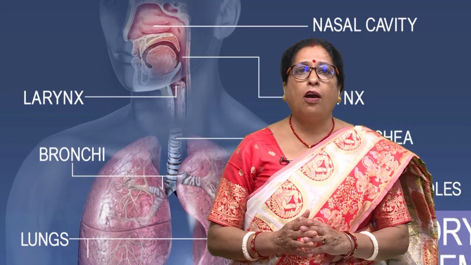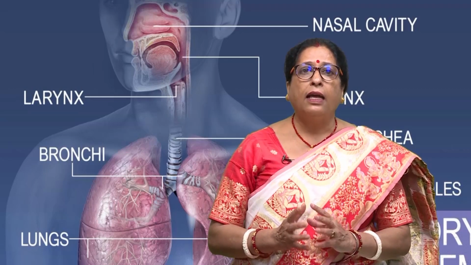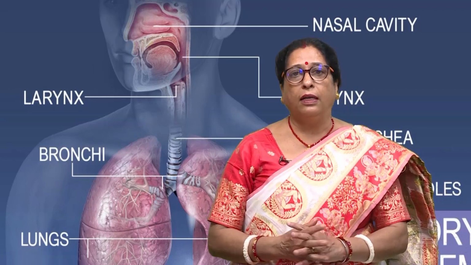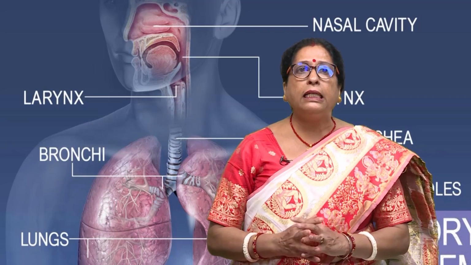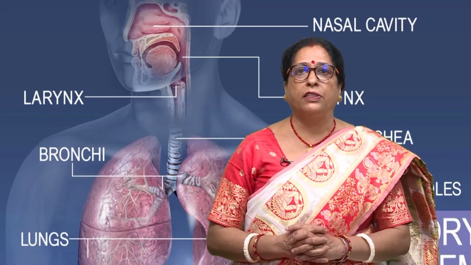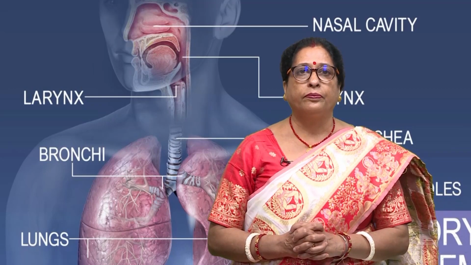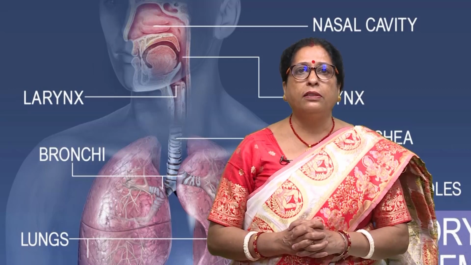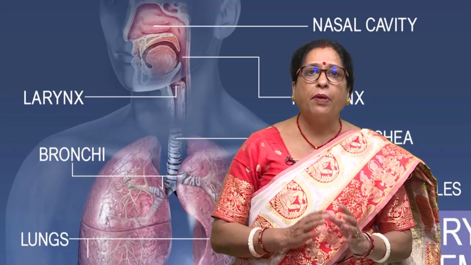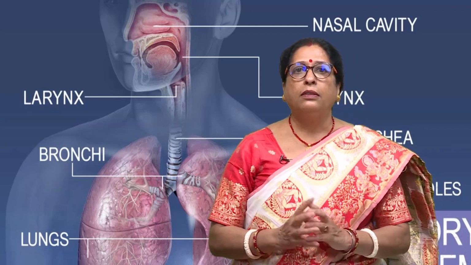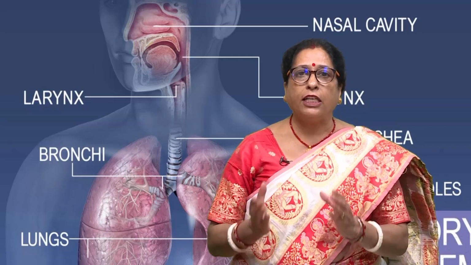The trachea or windpipe connects the pharynx and larynx to our lungs. Now, this leads us to our third function, called internal respiration. Internal respiration exchanges gases between the bloodstream and tissues. The bloodstream carries oxygen to cells and expels carbon dioxide.